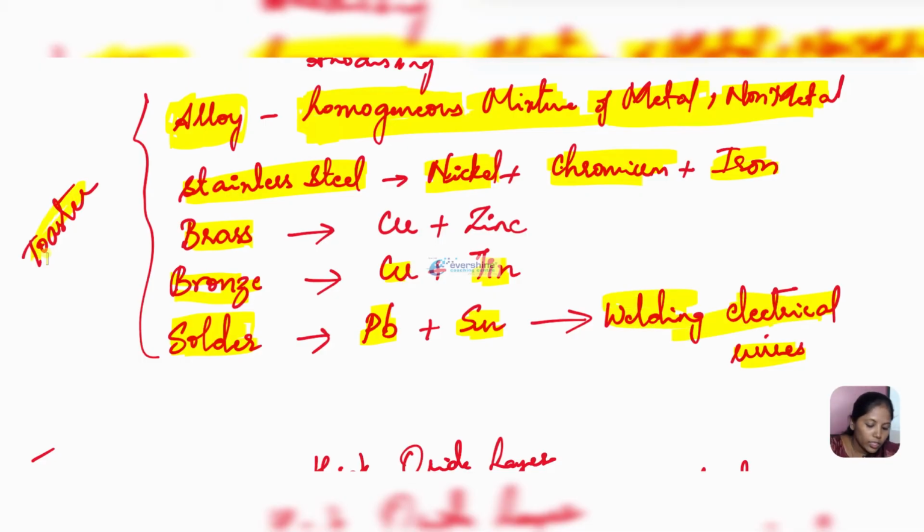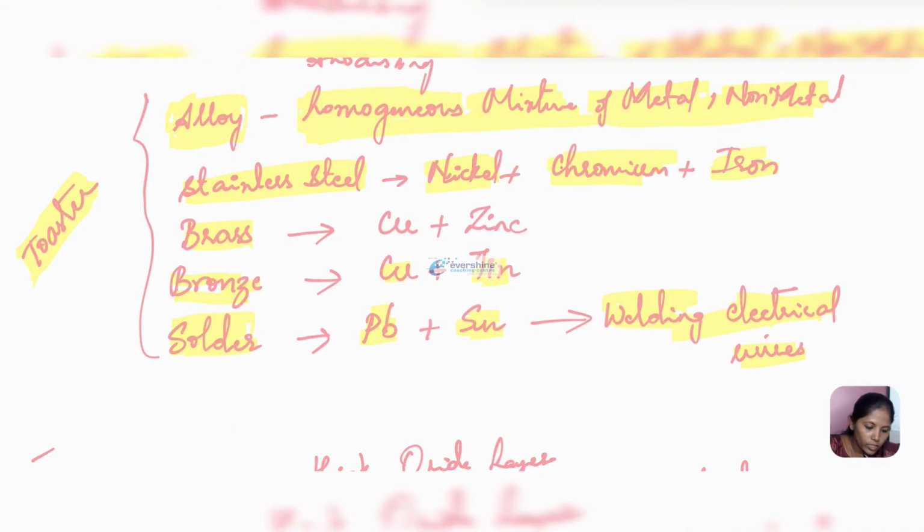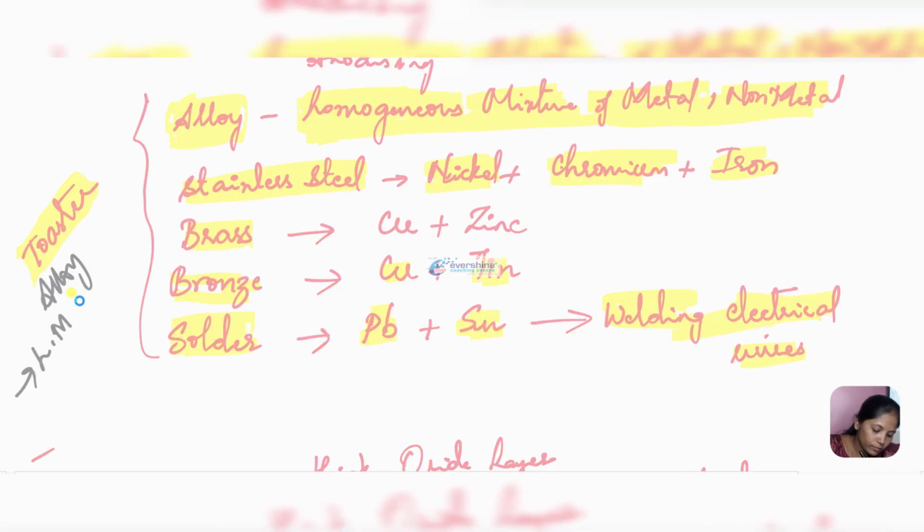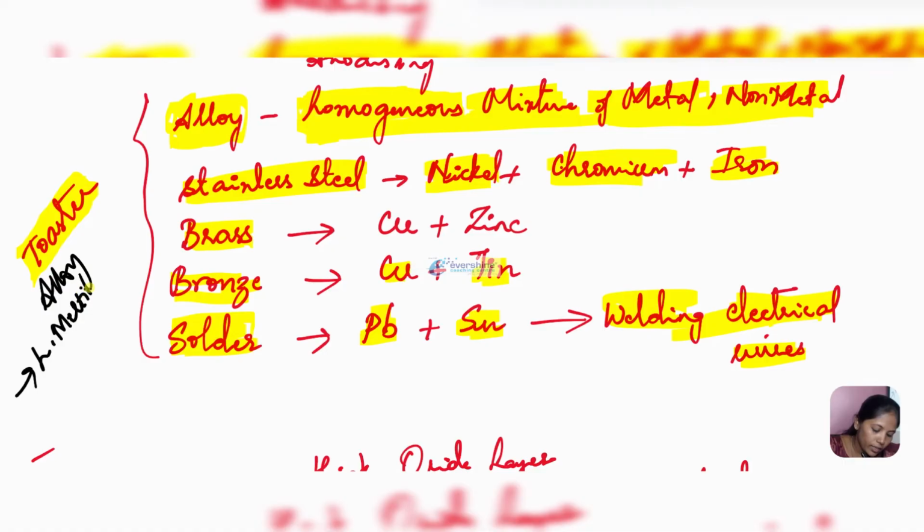One more important question they will ask: why is a toaster made of alloy? A bread toaster is made of alloy because it has a high melting point, it does not corrode easily, and it is a good conductor of heat.